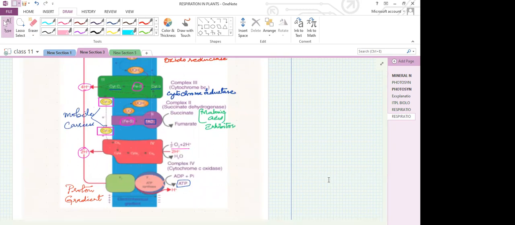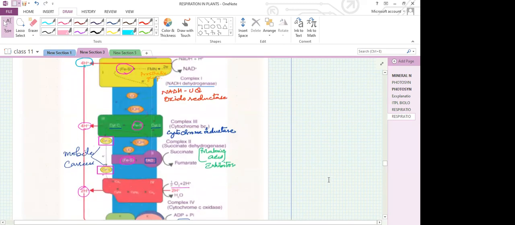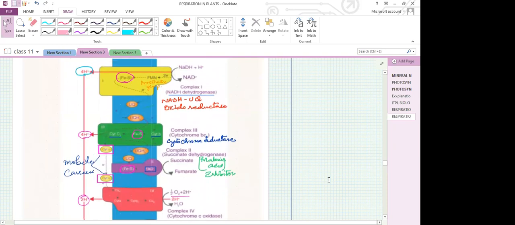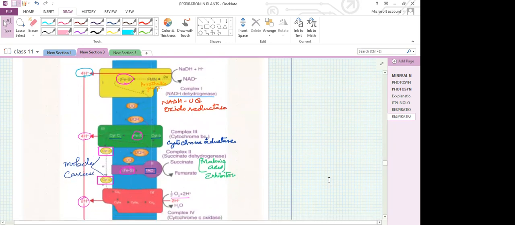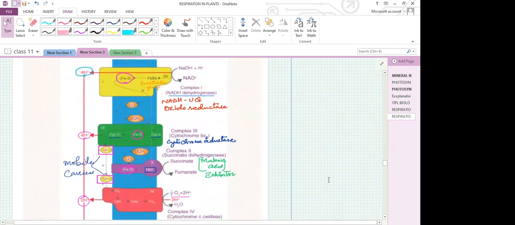Now there are 4 important complexes involved in electron transport here. Which are those 4 complexes given in your book? Complex number 1, NADH dehydrogenase. Complex number 2, succinic dehydrogenase.